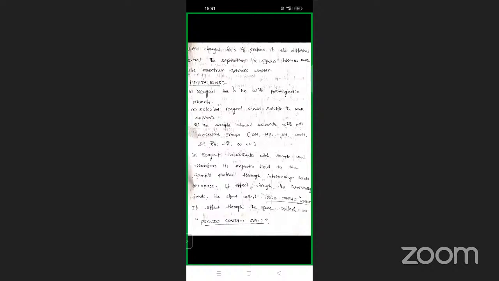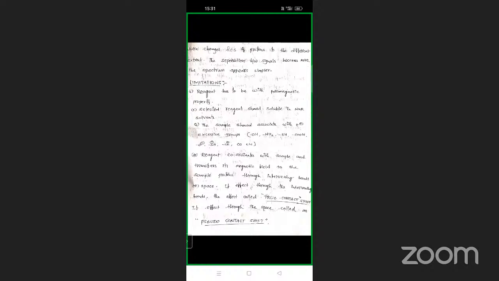Okay. So generally this particular sample or your compound is interacting with the lanthanide shift reagent, and it transfers its precession frequency or the magnetic field here. And the transferring of this magnetic field is either through intervening bonds or through the space here, right?